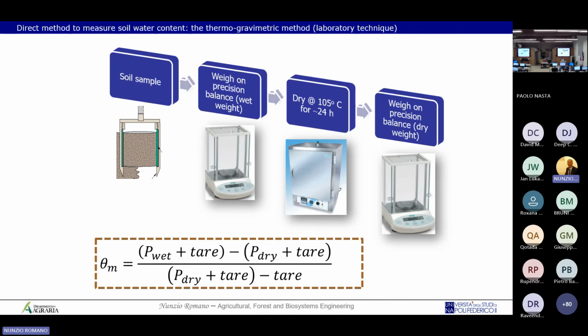Then after that, you put this in the oven at 105 degrees centigrade for at least 24 hours. It depends. Now I will try to respond to that point. After this you weigh the soil core again, and then you have the dry weight, and below you see the formula to obtain the gravimetric water content.